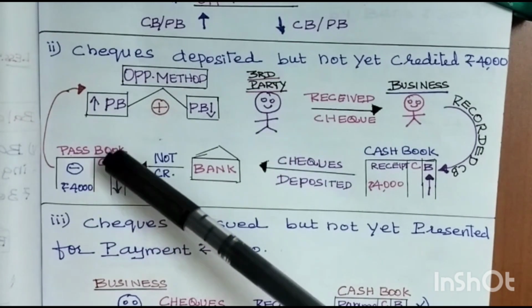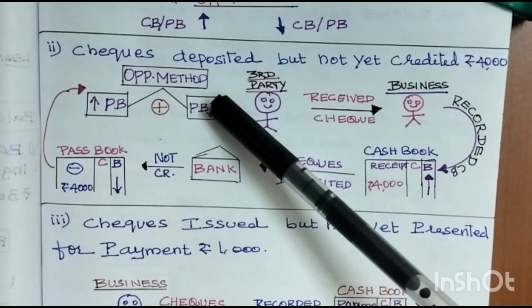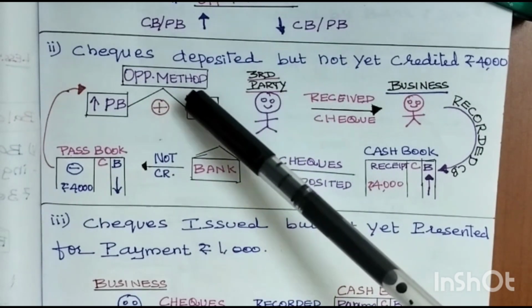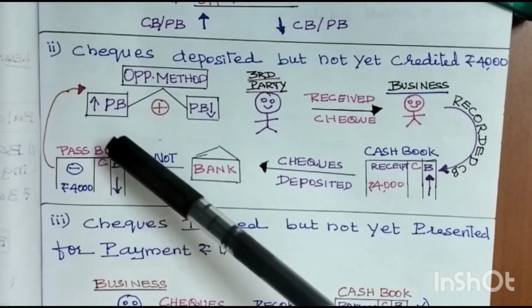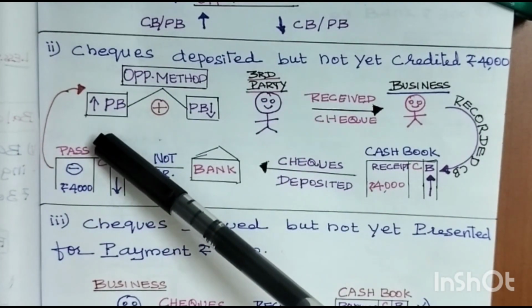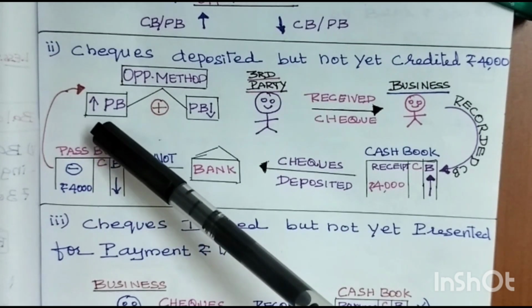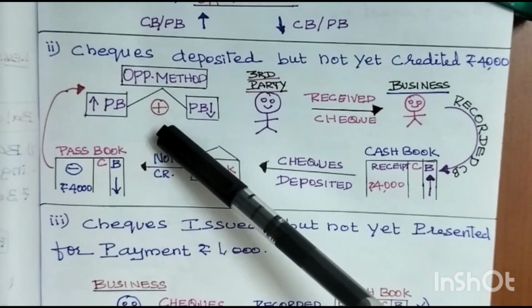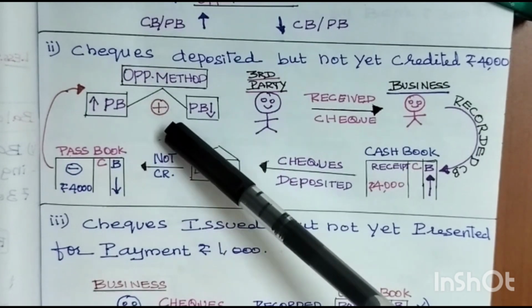Now we are following the opposite method. What is opposite method? If passbook decreases, in opposite method it will be increased, right? So it will be increased means this transaction will be added.